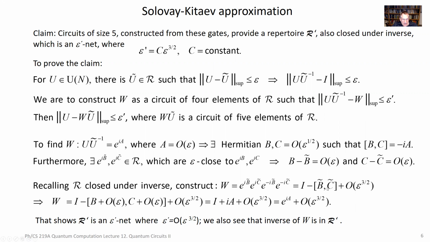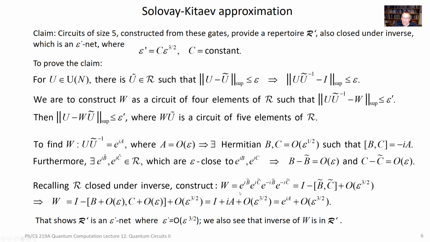If I take the inverse of W, for example, that's just going to be e to the iC, e to the iC tilde, e to the iB tilde, e to the minus iB tilde, e to the minus iC tilde. So it's a similar string, but in a different order.